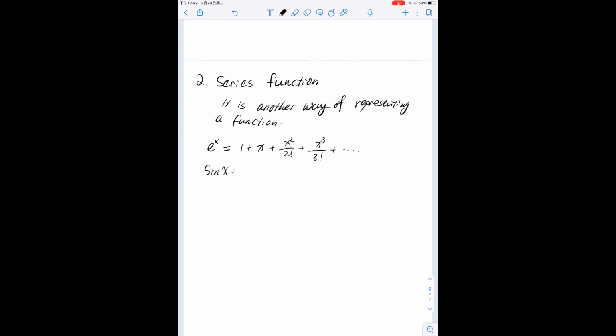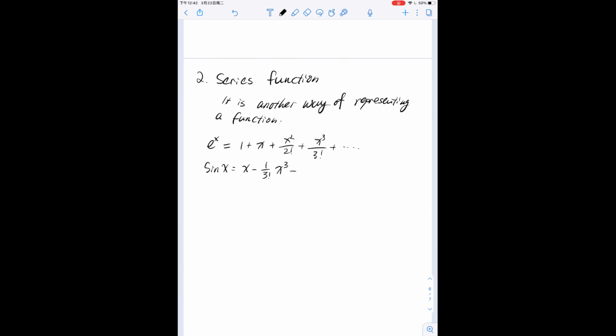It can be written as x minus 1 over the factorial of 3 times x to the power of 3, etc., etc. And if you have a polynomial, for example, x minus 1 to the power of 2, you can just expand it as a polynomial, like this.